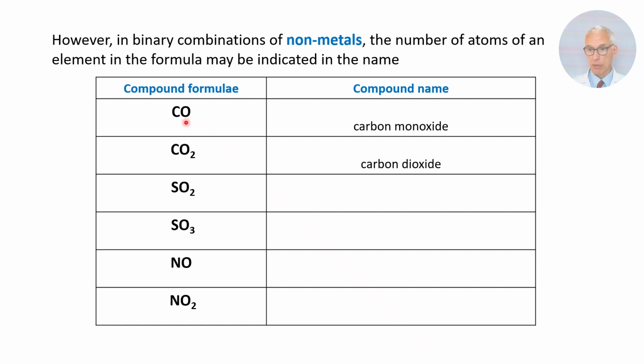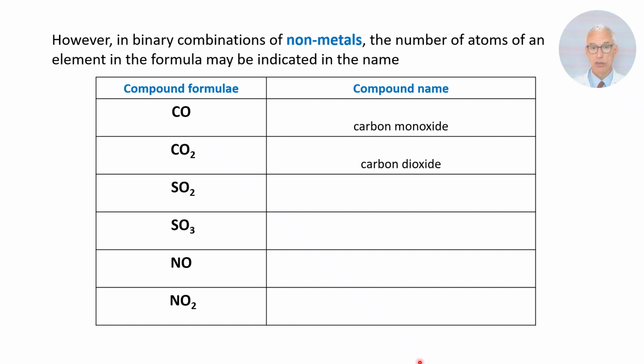You may have come across carbon monoxide, 1 carbon and 1 oxygen, carbon monoxide. Using these as a model, can you name SO2, SO3, NO and NO2? Stop the class, come up with those 4 names, come back to check them when you are ready.